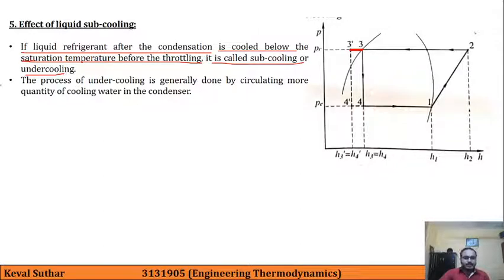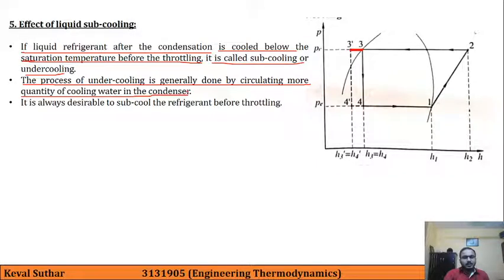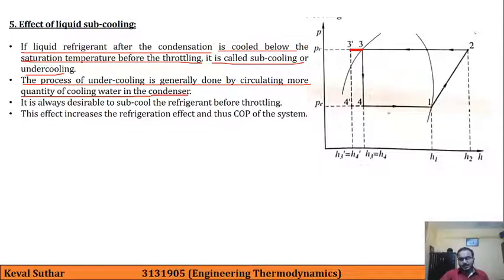Now how it is done? The process of undercooling is generally done by circulating more quantity of cooling water in the condenser. Now how is it helpful? Because if you see initially without subcooling, this is the refrigeration effect previously without subcooling, and after subcooling this is the refrigeration effect.